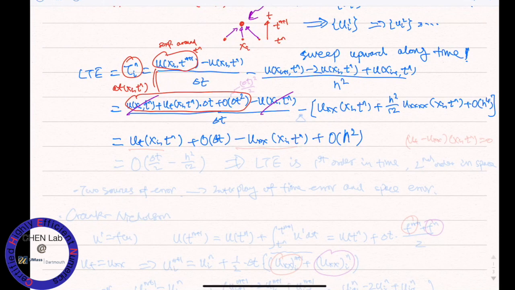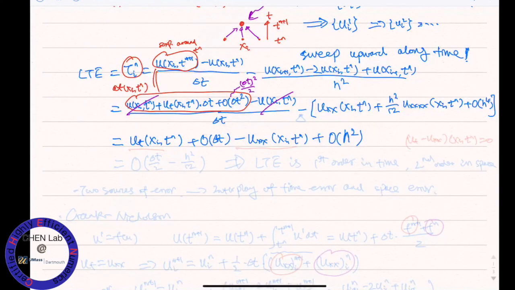And if you simplify this a little bit more, you'll see that this order delta t is utt times delta t squared over 2.